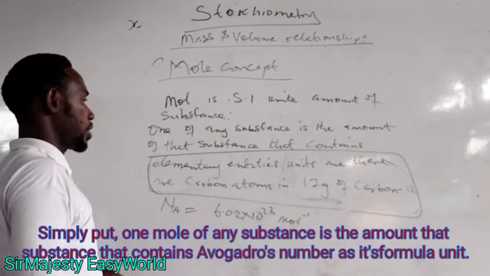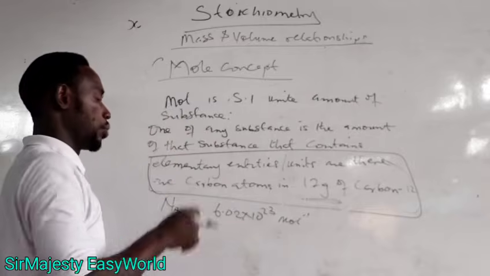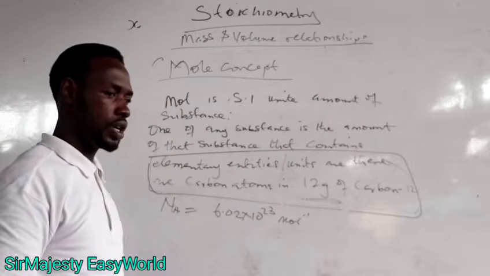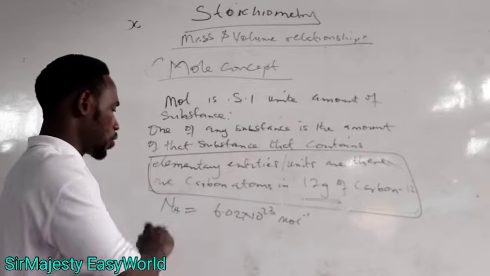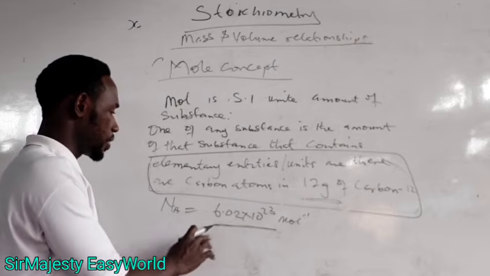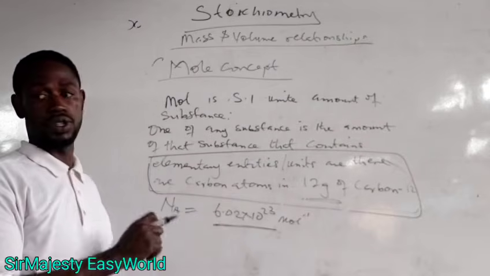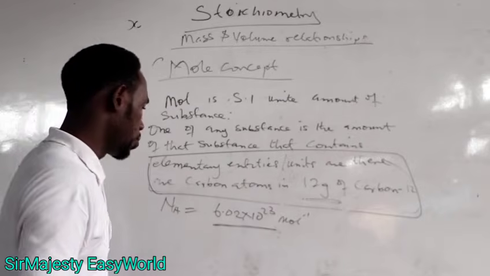You make the definition short. Just like when you talk about a dozen, you think of 12, if you talk about a mole, you should think of this number, 6.02 times 10 raised to the power 23 per mole.